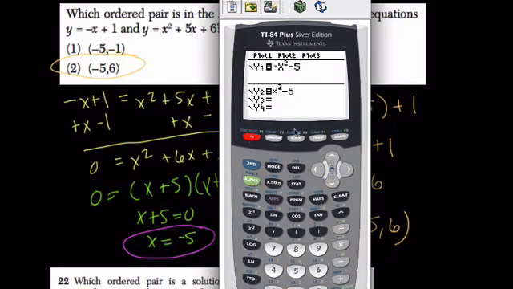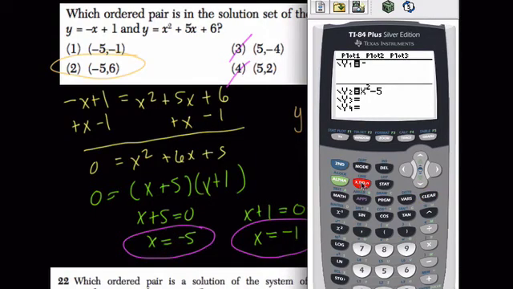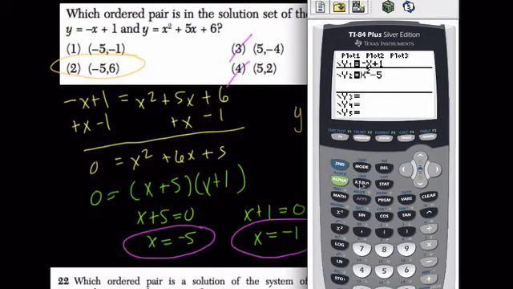So go to our y equals, clear this off, and we have negative x plus 1, and then x squared plus 5x plus 6. Oops, I'm entering all that into an exponent. Clear that off. Okay, again, x squared, press the right key this time, plus 5x plus 6.